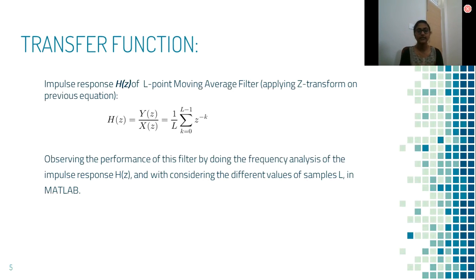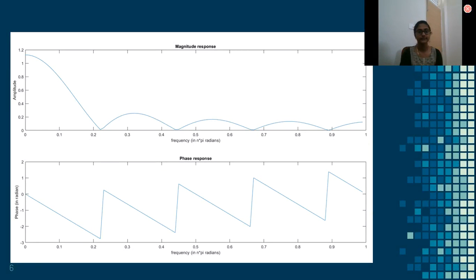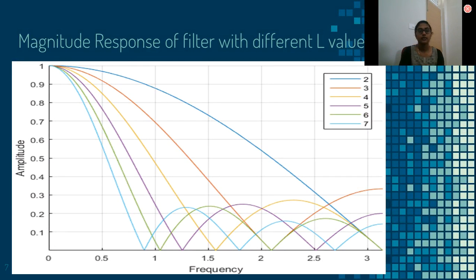To get the Fourier representation, we replace z by e power j omega, and from that we can get the magnitude response and phase response. This is the magnitude response and phase response of the moving average filter plotted using MATLAB. For different values of n, we will get these types of graphs for the moving average filter.